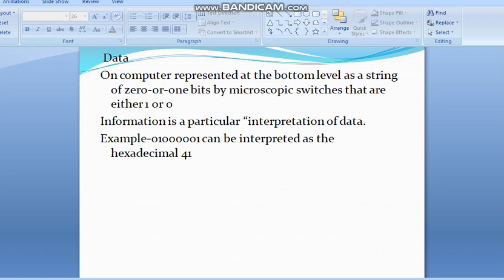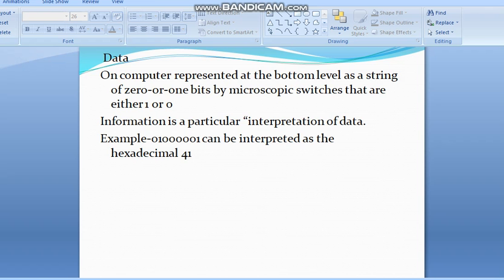For example, I have binary digits 0, 1, 000, 001, and I can convert them into hexadecimal form. In hexadecimal form, I can write this binary digit as 41.